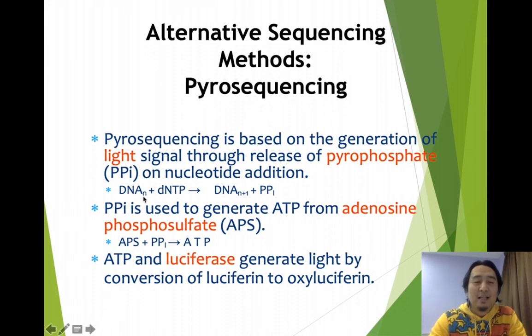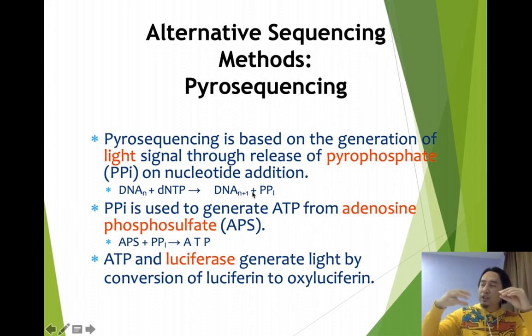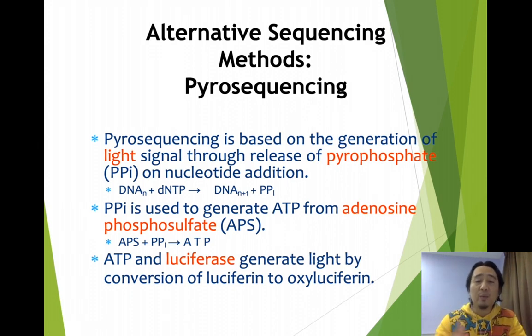So bila DNA ni is elongated and we use dNTP, so for DNA N plus 1, so 1 base dah masuk. So each base that added into the sequence, it will release a PPi. PPi is pyrophosphate, right? So pyrophosphate ni tadi akan use to generate ATP, right, from APS.